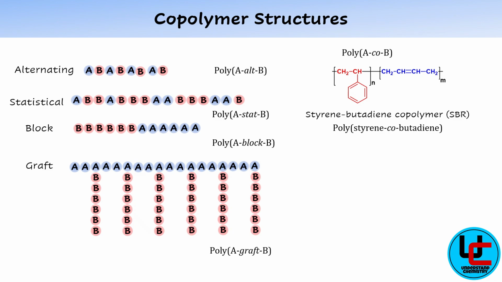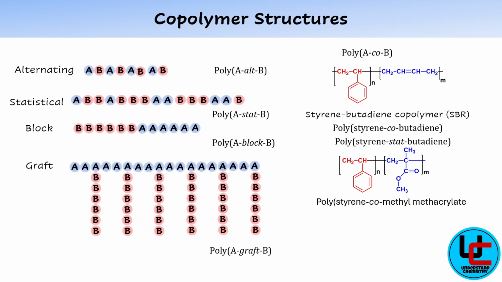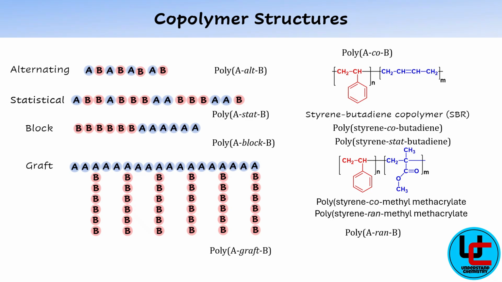But if we bother which particular type this copolymer belongs to, then we can write polystyrene-stat-butadiene as it is a statistical copolymer. Let us take another example of styrene-methyl methacrylate copolymer. For this, we can write polystyrene-co-methyl methacrylate, or more precisely, polystyrene-ran-methyl methacrylate. Ran is for random copolymer.